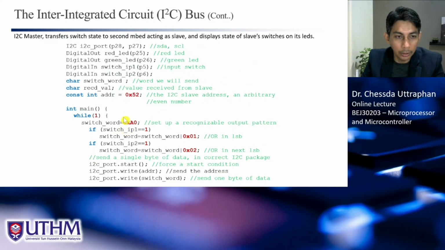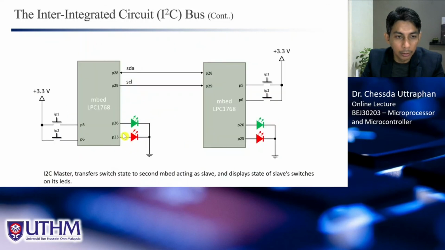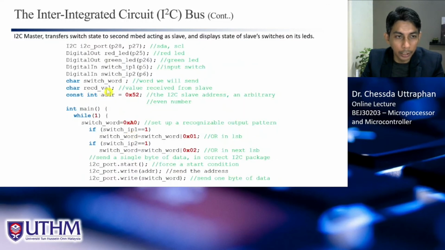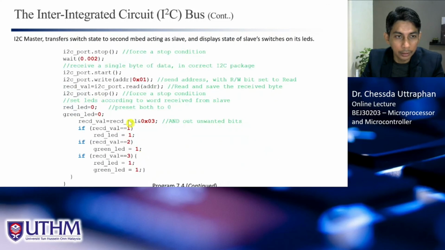And here we want to turn on this LED. So of course, we need to look at what we have received in this variable. So we check. This one is to filter out the bit that we don't want. We AND with number 3, just like what we did last week.